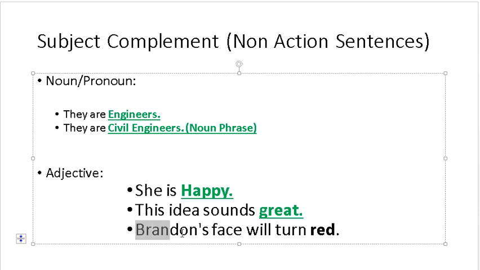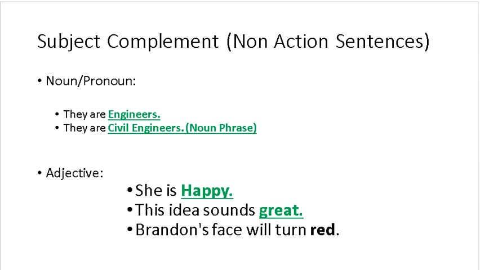And Brandon's face, red. This is talking about Brandon's face. So Brandon's face, this idea, she, and they are the subjects, and engineers, civil engineers, happy, great, and red are basically completing the requirement of these subjects. That's why these are the subject complements.